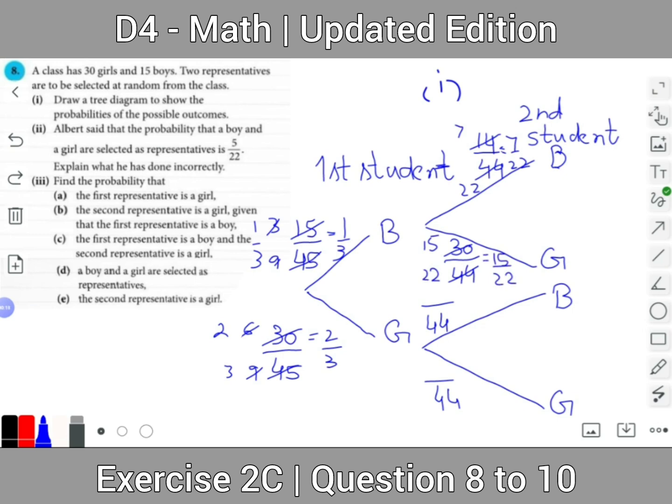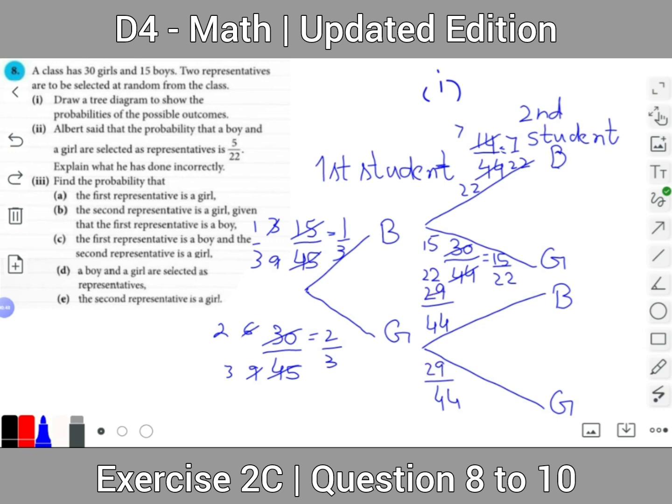Now in the case of the second student being a boy, when the first student is a girl and the second student is a boy, the probability will be 29 over 44. And in the case of a girl being the second student when the first student is also a girl, the probability will be 29 over 44.